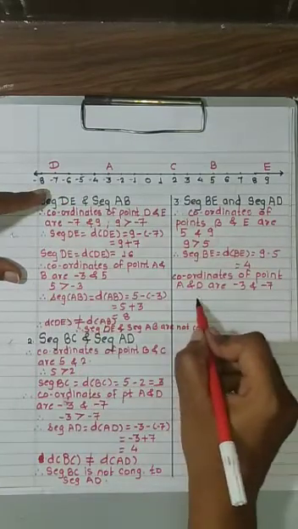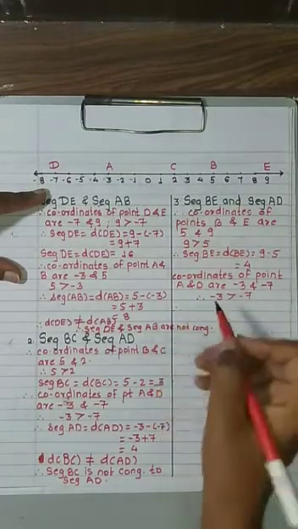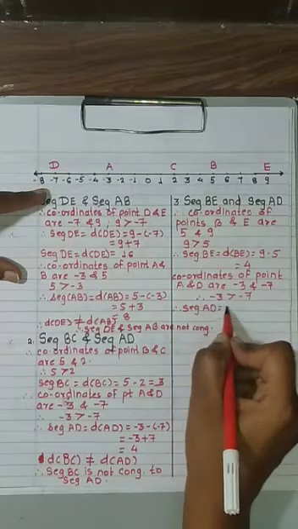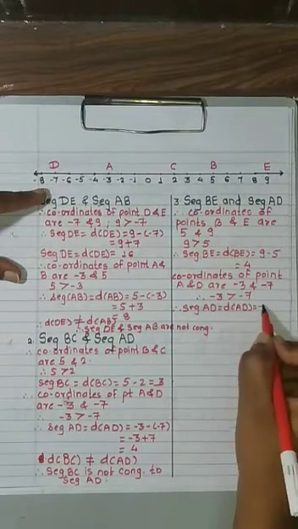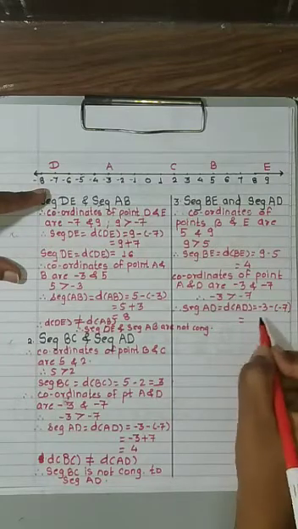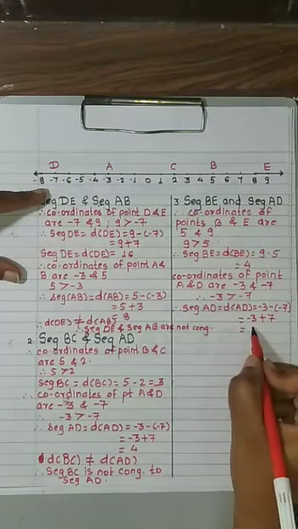Therefore minus 3 is greater than minus 7. Therefore you can write down here segment AD is equal to distance AD is equal to minus 3 minus -7, which is 4.